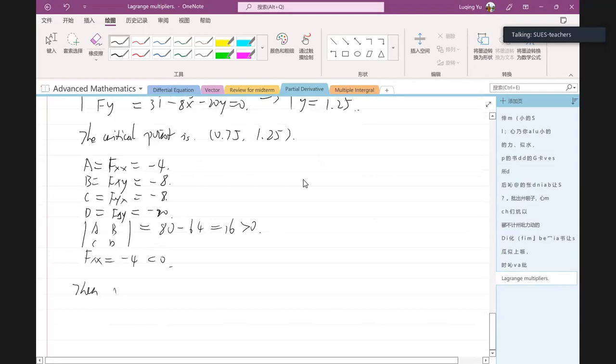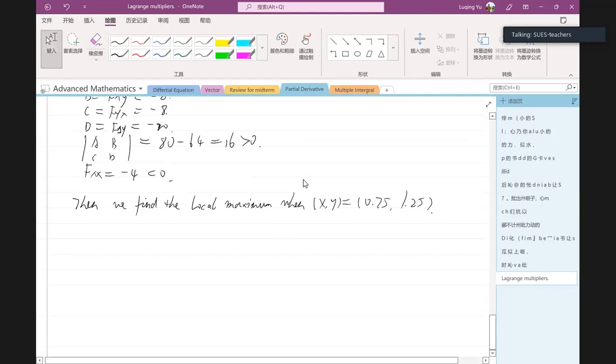Then we find the local maximum at x, y equal to 0.75 and 1.25.